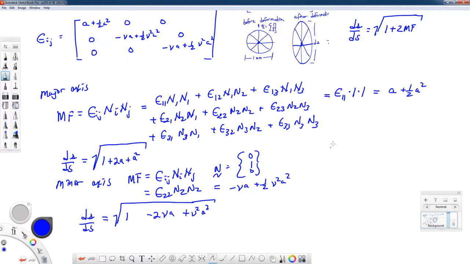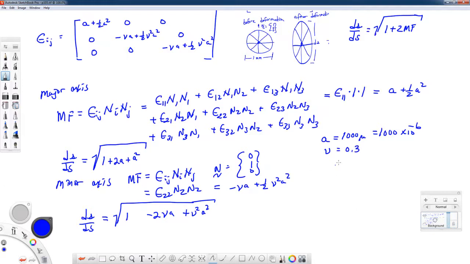Alright, well, let's put some numbers in here and let's see what this means. So suppose a is equal to 1,000 microstrain. Remember, 1,000 means times 10 to the minus 6. And Poisson's ratio for a typical steel, say, is about 0.3.